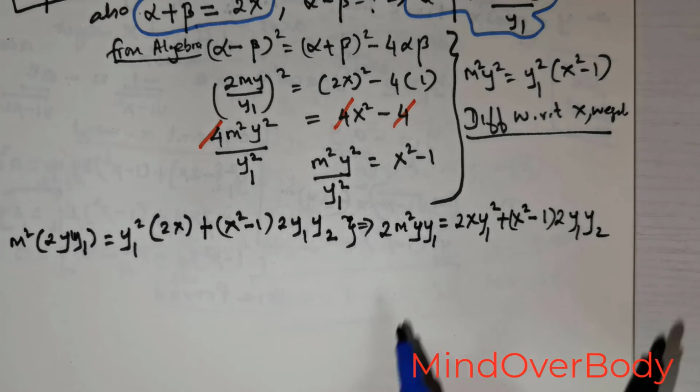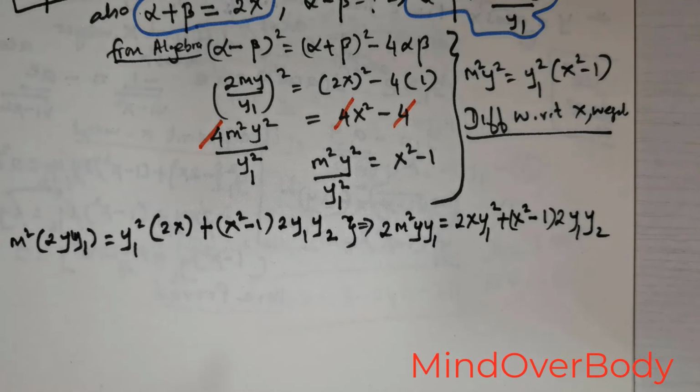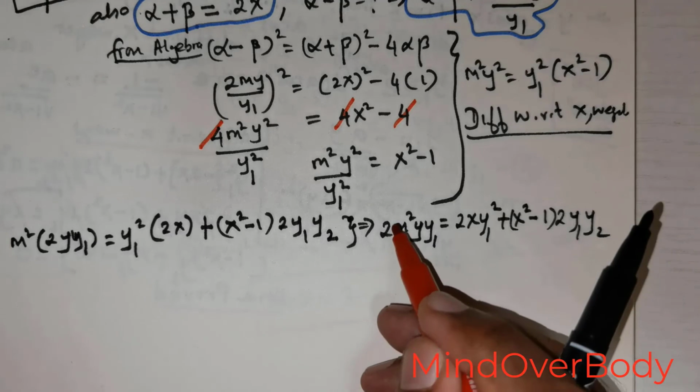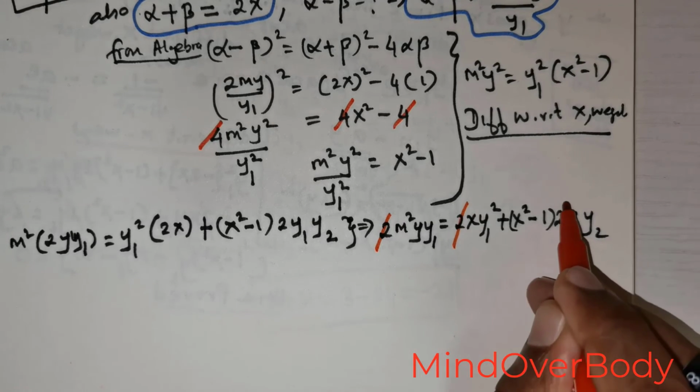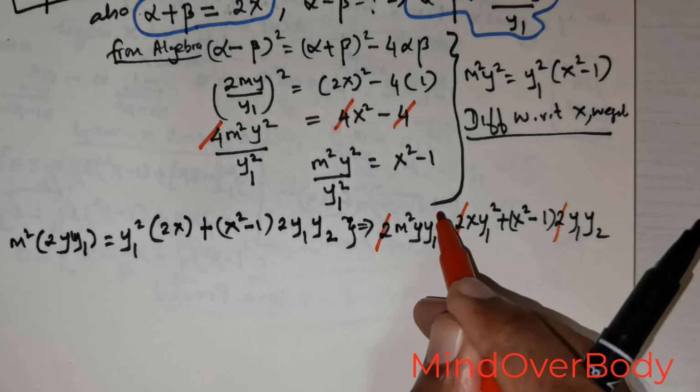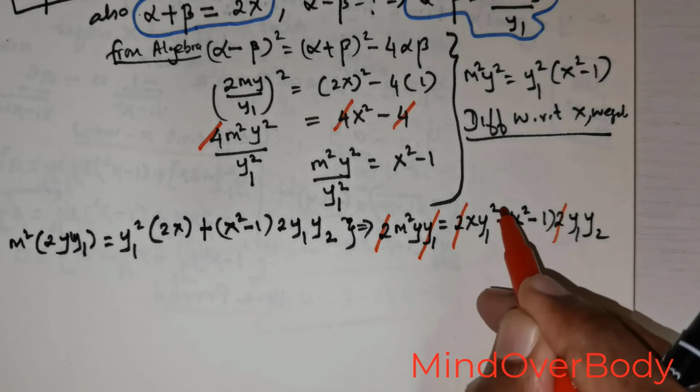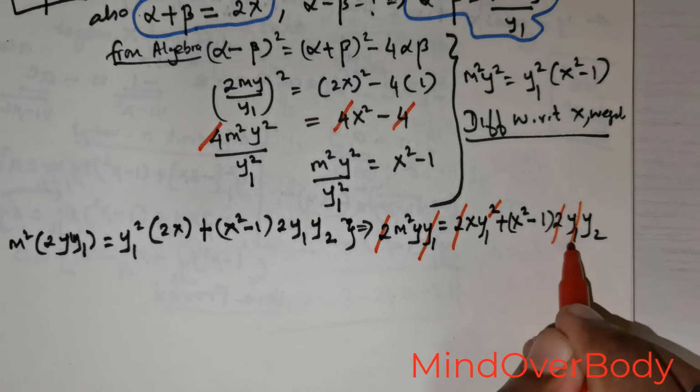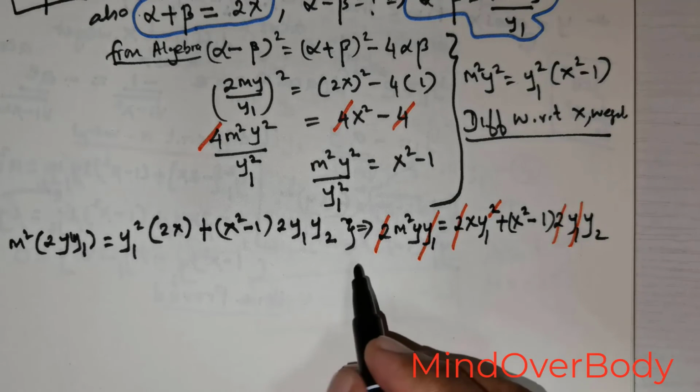Okay, so now I can clearly get rid of the 2. I have a 2 here, a 2 here, a 2 here, and I can get rid of a y1 and a y1. So now it's coming out beautifully.